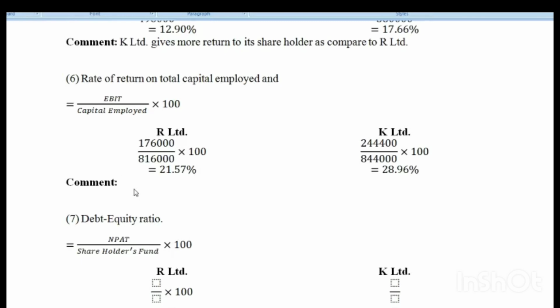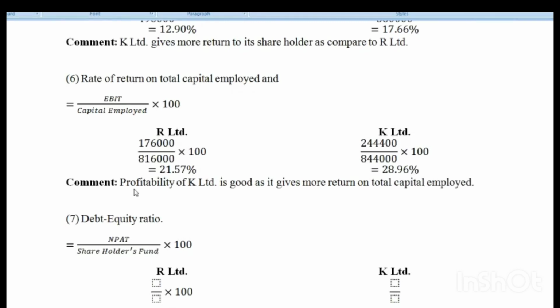The profitability of K Limited is good as it gives more return on total capital employed.